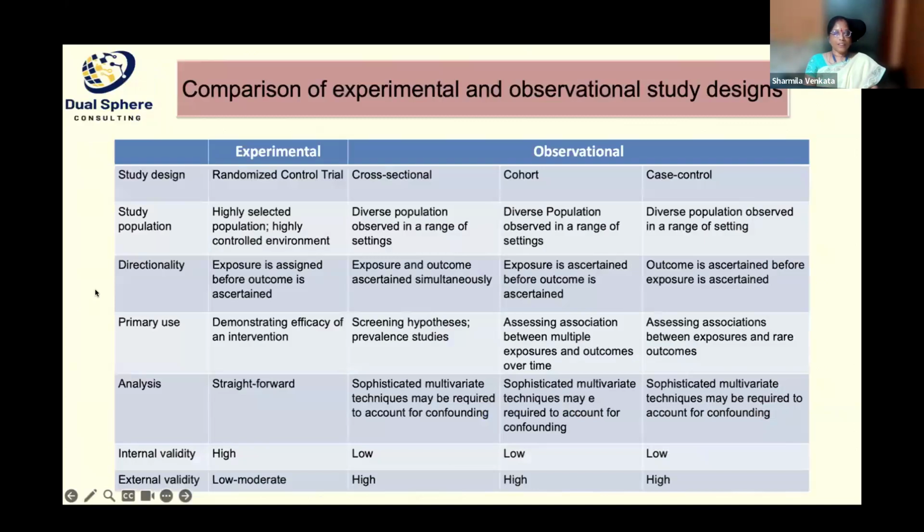Here, let's compare experimental and observational studies directly. I'll tell in one word. Experimental is high control, randomization possible, bias minimized, strong internal validity, but often artificial and less externally valid.